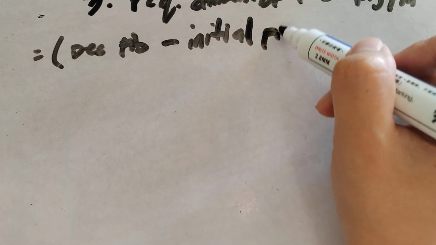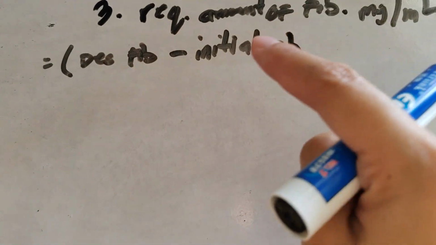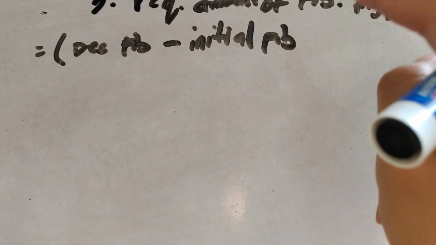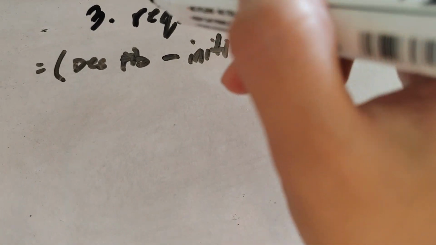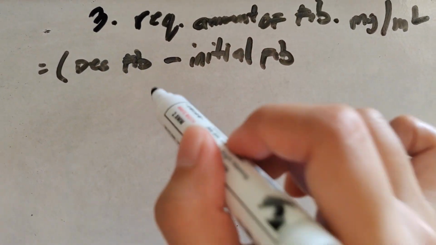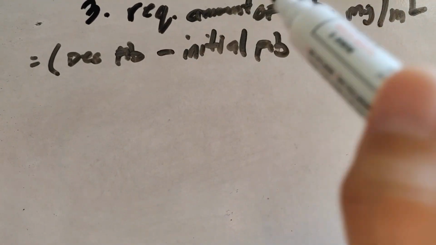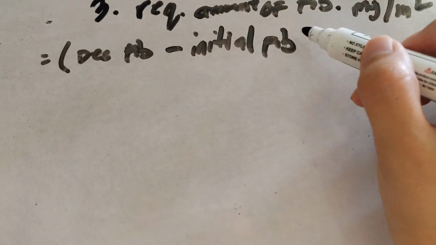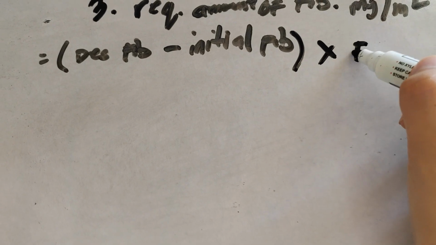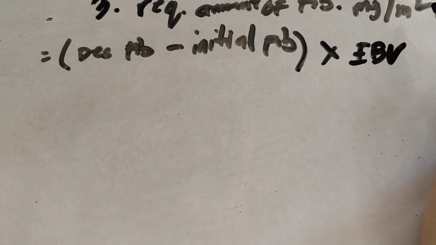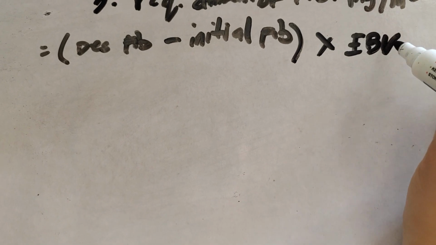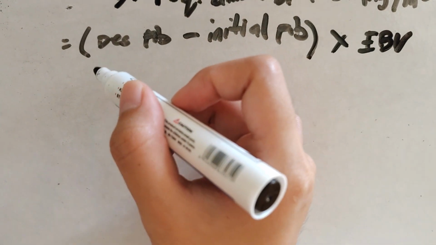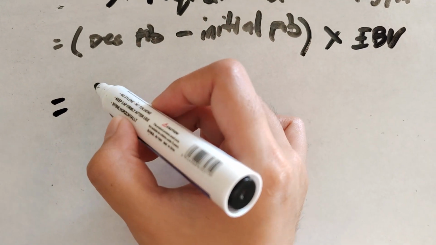Initial fibrinogen. Okay, shortcut ko na lang ha. Isulat nyo na lang para hindi nyo makalimutan, kasi hindi kasya sa space ko. Okay, so again, the desired final value of fibrinogen minus your initial fibrinogen levels times your estimated blood volume. Okay, yan na lang pala. Ayan na yung formula.